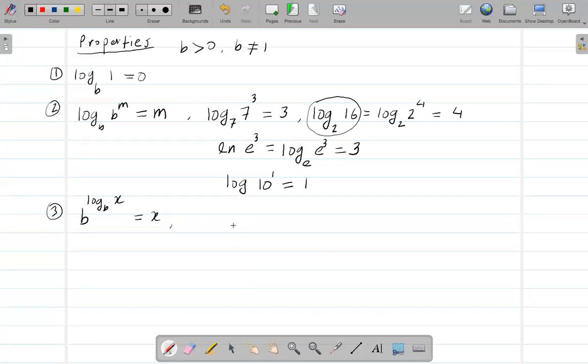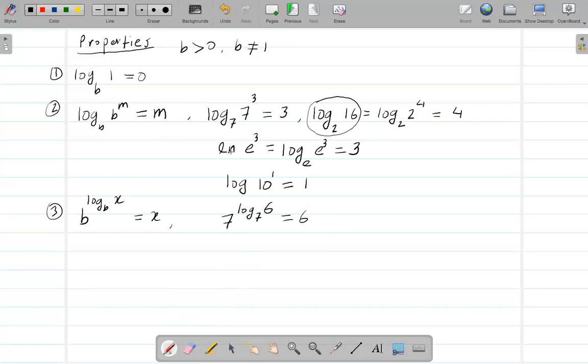So let's say if we have 7 to the power log base 7 of 6, this whole thing is in the power and these two are the same, so the value of this is 6.